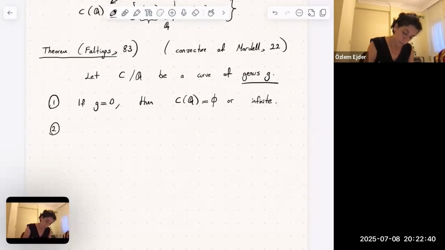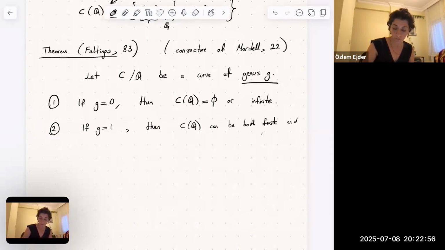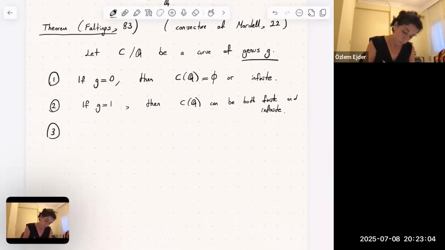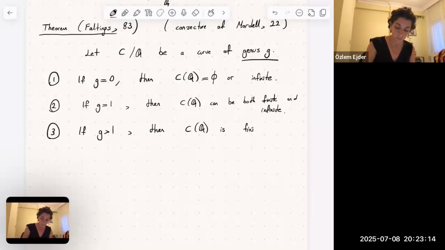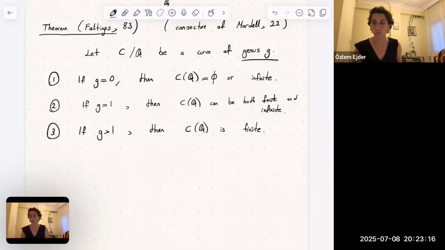The second case is that if the genus is 1, then C of Q can be both finite or infinite, depending on the curve. So genus does not necessarily say that it will be finite or infinite in this case. And the third case is that if the genus is greater than 1, then C of Q is always finite. It can also be empty, of course.